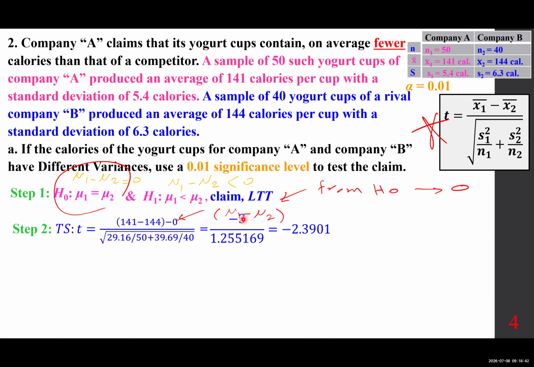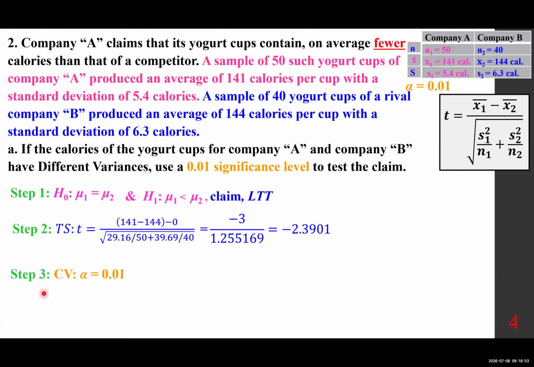Now I'm going to erase my work. And here's what becomes interesting. The critical value comes from the choice of alpha. Alpha is 0.01. Degrees of freedom: when we have technology, it is calculated.